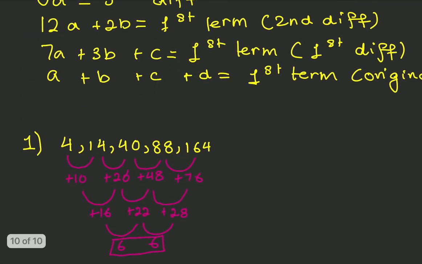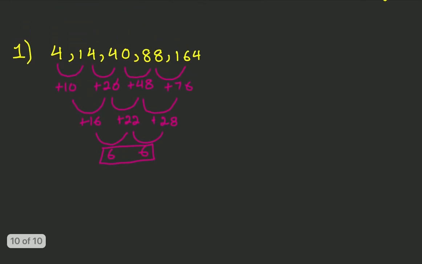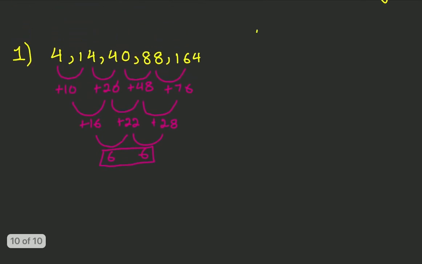As with the formula given on top, we have to find the values of a, b, c, and d to form our proper nth term formula. So let's just write this down, the formula here: an cubed plus bn squared plus cn plus d. It'll be much easier here. So how would we find a?